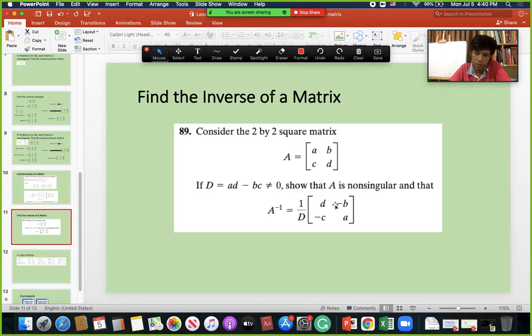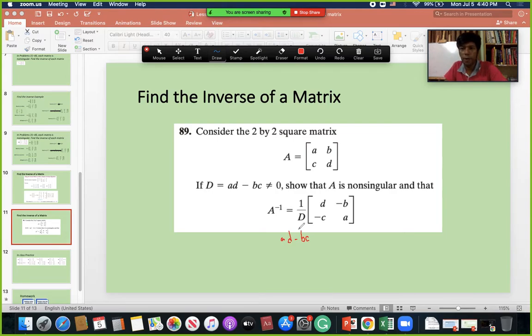Then A and D interchange position, and B and C take the negative sign. The determinant D equals AD minus BC. Then we put in the values. Suppose this is the question, 2, 3, 5, 1. We just put it in and we will get the solution.